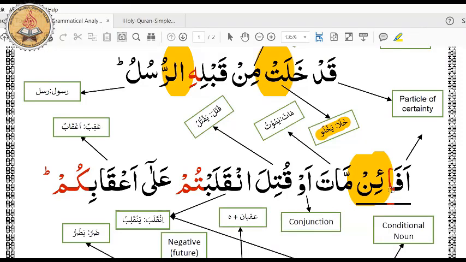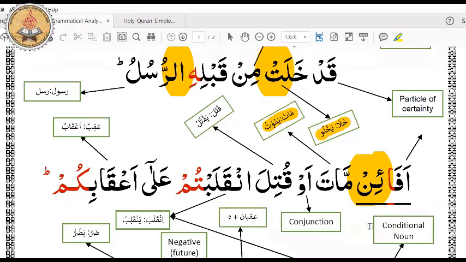So the next word is mata. As I mentioned, this is a past tense, third person verb. Mata yamutu. So mata means he died, yamutu, he dies. When a condition comes before it, that in converts or shifts the meaning from past to present.